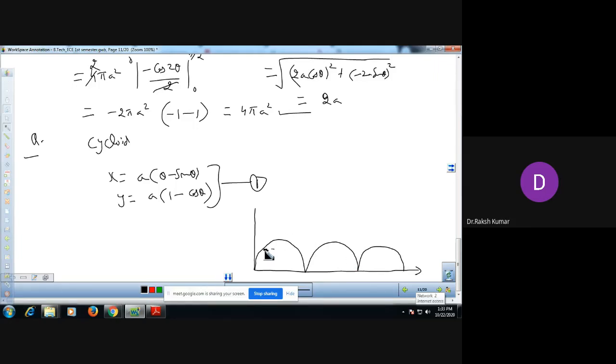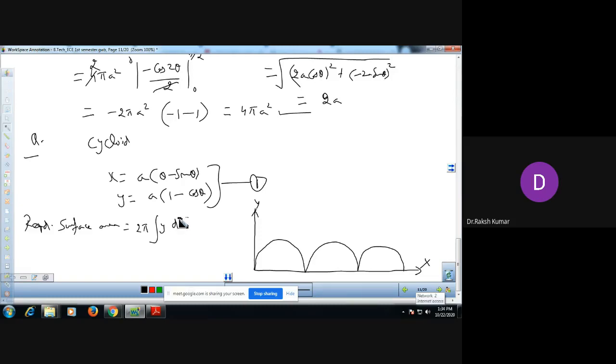And the first part is you have to revolve it. For finding out the surface area, you have to revolve it about the x-axis. Clearly, the x-axis is the horizontal axis. So you have to revolve it about the horizontal axis. And the required surface area is integration 2 pi y ds.